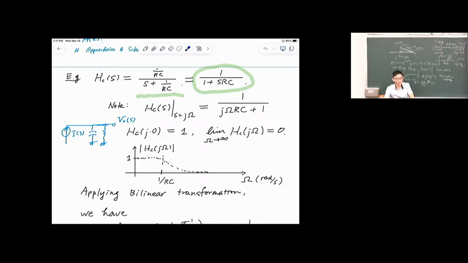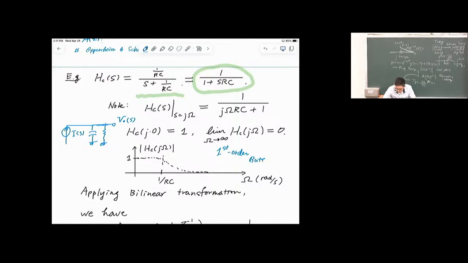Actually, just to connect to the Butterworth filter, I think this is a first order Butterworth filter.